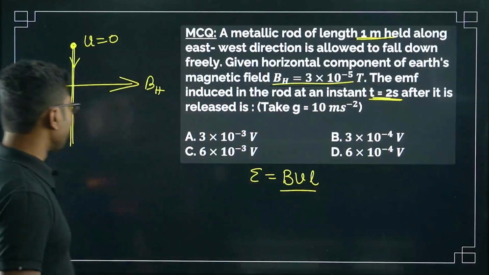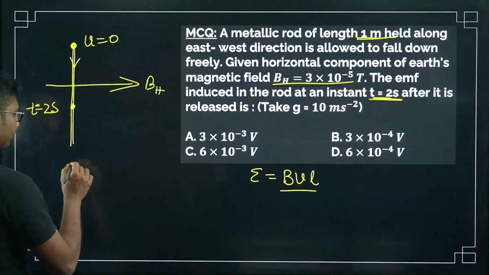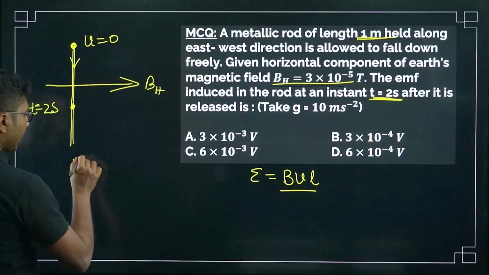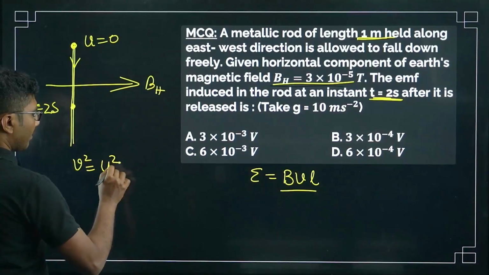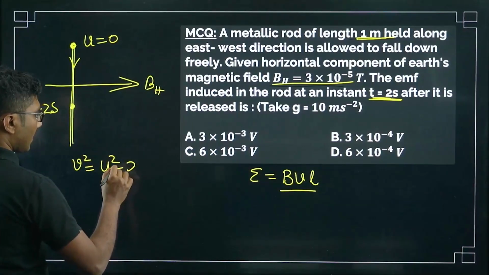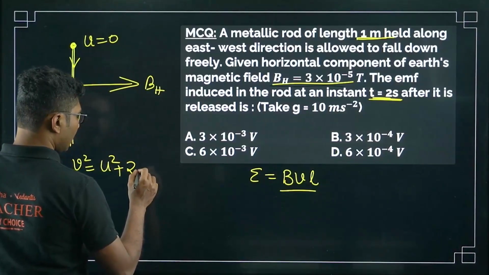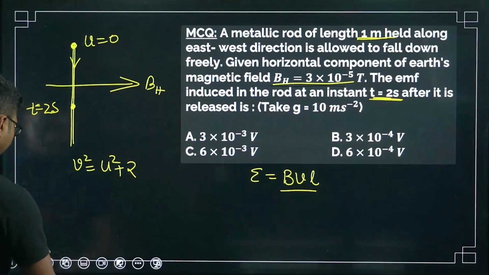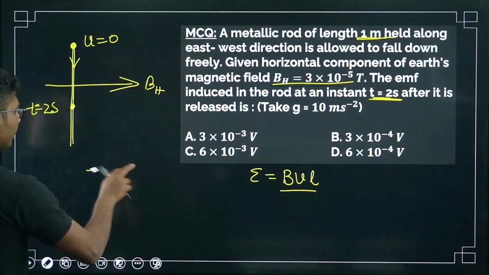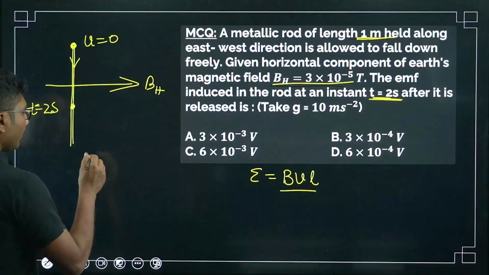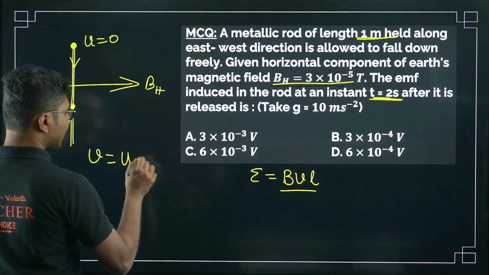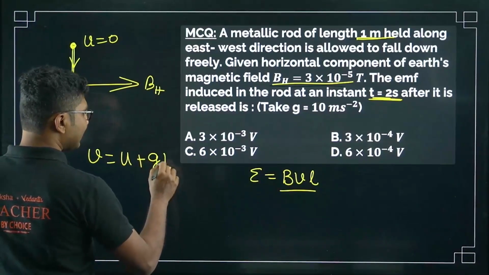How to find the velocity? We know that v squared equals u squared plus 2as, and v equals u plus at, or in this case gt.